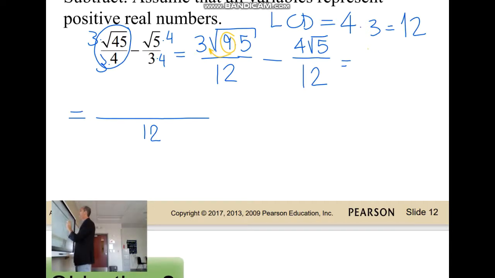See? Because the square root of 9 is 3, right? So we can write this as 3 times square root of 5. We keep the square root of 5 here. Minus 4 square root of 5.